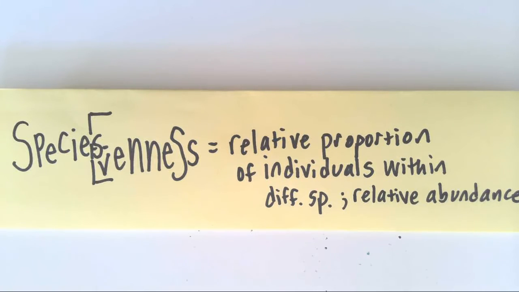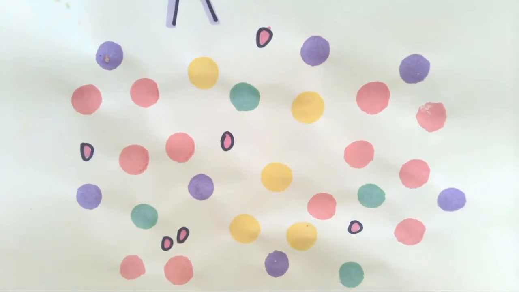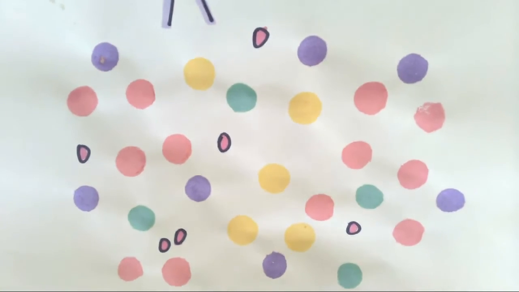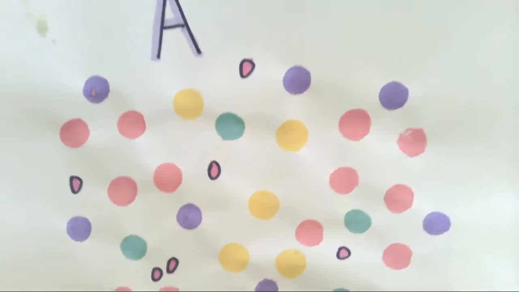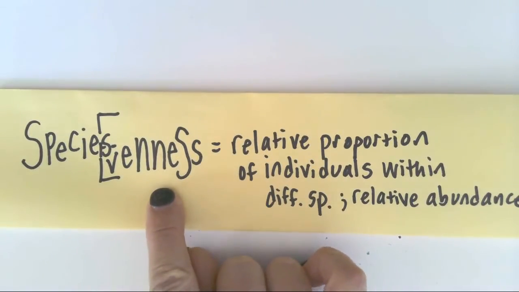Again, it's the relative proportion of individuals within different species. That is species evenness. So how even is it? So are there equal amounts of these species? So if there's 5 yellow species, does that mean that all the other ones have 5? If all the other ones were 5 each as well, this community, community A, would have a high species evenness.